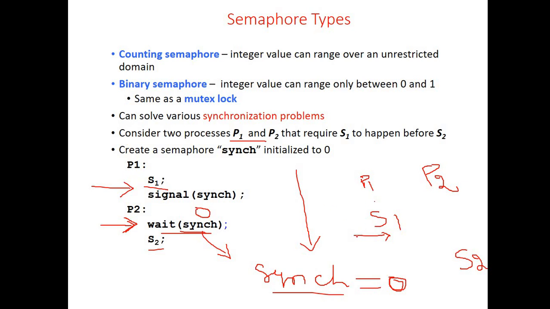Now the P1 process completes its execution, then it changes the value of the synchronization variable by calling the signal function. So when the synchronization variable is turned from 0 to 1, the while loop will terminate for the process P2 which is waiting on it, and P2 comes out of the while loop.